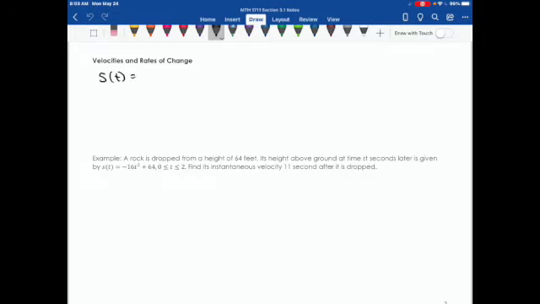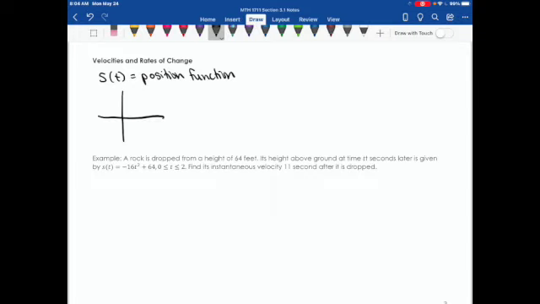So if we consider a function s of t, we'll call it the position function. So this tells us the position of some kind of object moving, and t represents time. So in other words, if I put in the time is 6 seconds or 3 minutes or whatever into the function, whatever those units are, we're going to get out the position of the function. And that's what that function does.